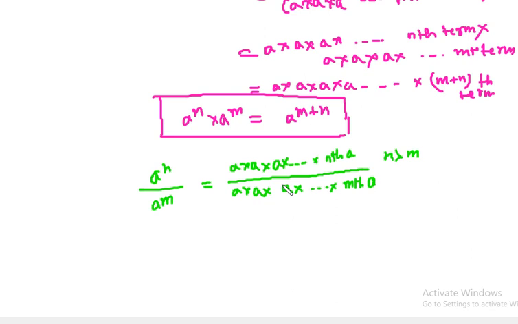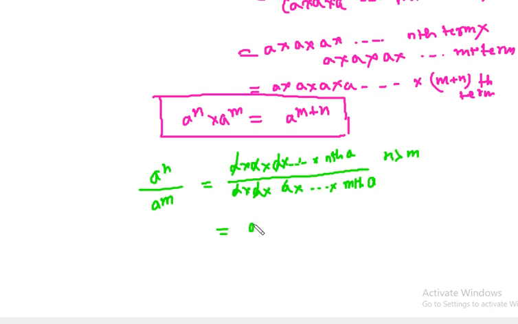So they will just eliminate each other, all the a's will cancel, and there will be some a's left. Why? Because n is greater than m. So in the numerator you will get how many a's?